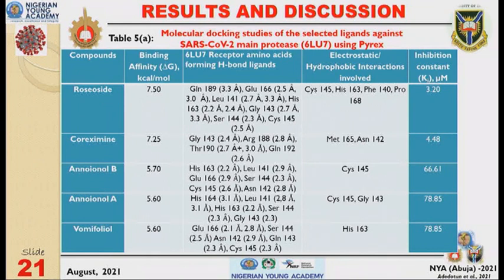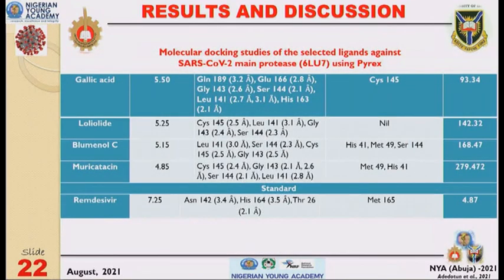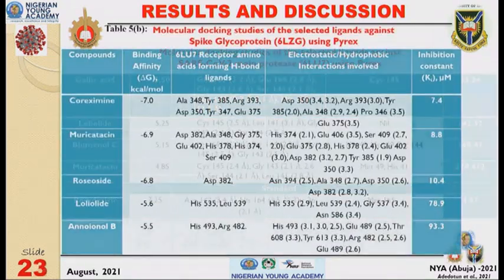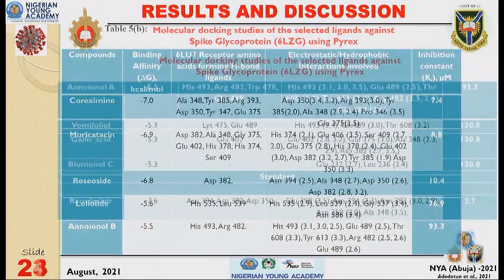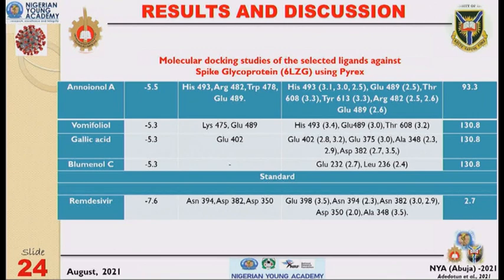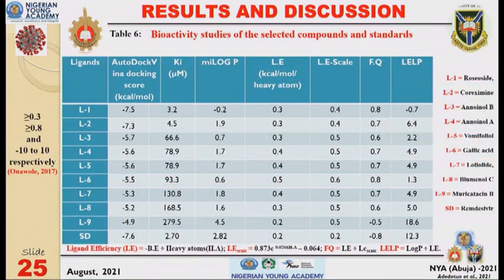Now, this is the result of our molecular docking. We docked the successful 9 ligands with the 2 target receptors. And this is the binding affinity, the hydrogen bond, the hydrophobic interaction, and the inhibition constant. Next slide. Now, at the end of the molecular docking, with the 9 ligands that interact excellently with the active site of the target receptor, we look at their fit quality and their ligand efficiency.